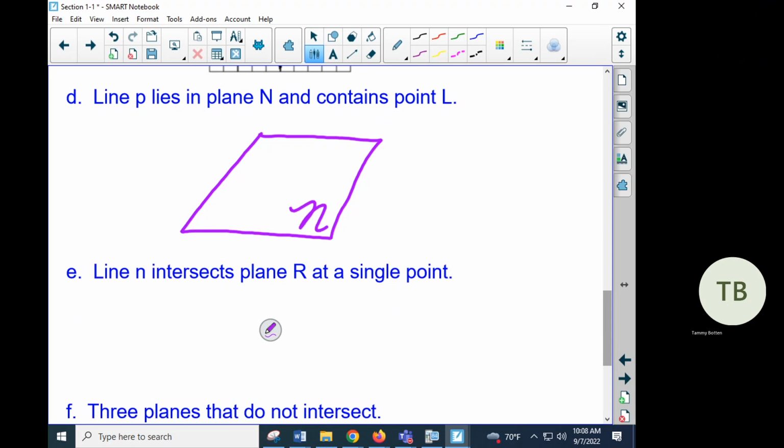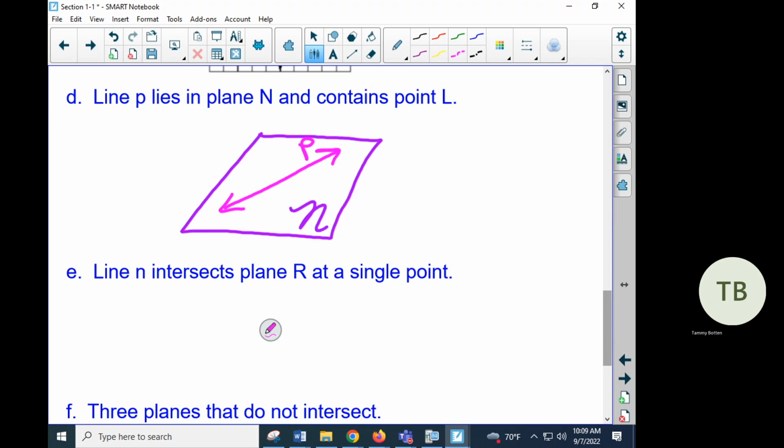And what they tell us here is that line P lies in the plane. That would be like if it's laying right on the carpet. So then you draw it without those dashed lines at all. So this line P, if I label it line P, is right in plane N.